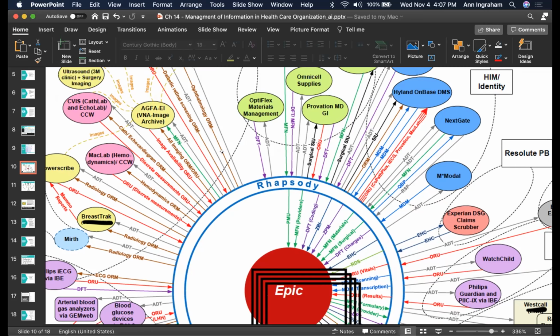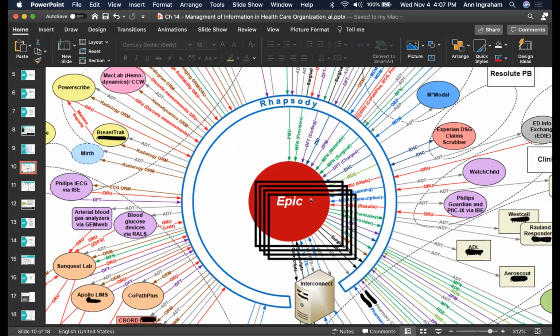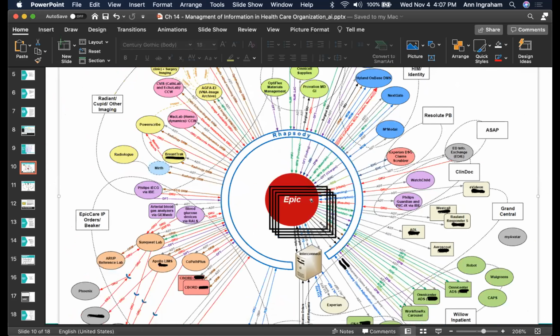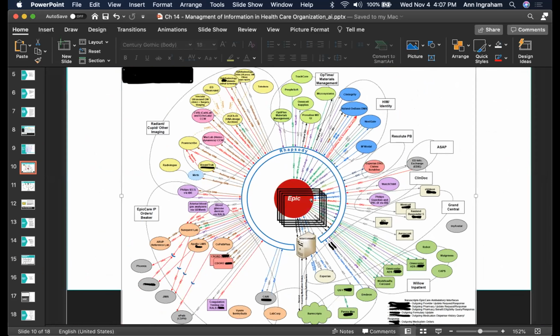So behind the scenes, right, we talk about exchanging information between systems in a healthcare system. This is one example of what this overall architecture looks like. And it's managed through that interface engine, and the communication happens through that HL7 standard. Make sense?